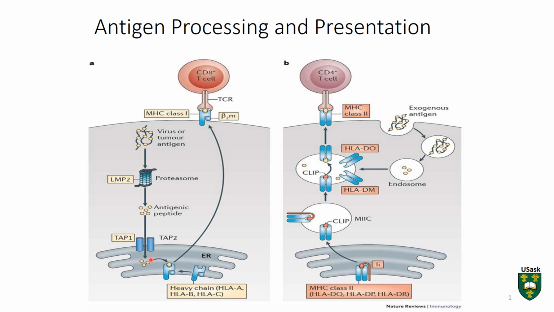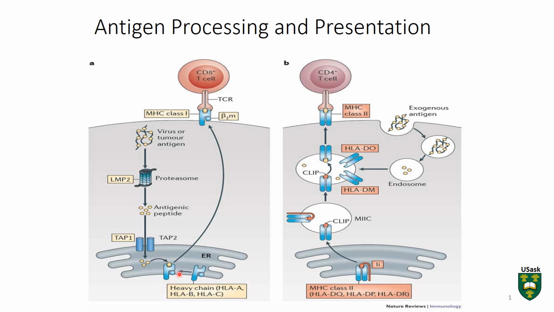When it enters the endoplasmic reticulum, this peptide will find that class 1 has a blank or empty peptide binding groove, so automatically the peptide will bind to this groove. From the figure, you can see that this is a clear class 1 because this is the alpha chain, and here is the beta 2 microglobulin, which I explained in one of my previous short videos.